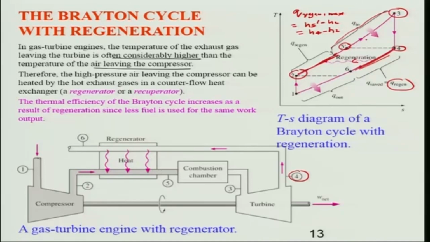So this would be the case for ideal case where there is no losses and so forth, okay, and thus your T5 is going to be T4. But for the actual case, your Q regeneration is nothing but your H5 minus H2, and the ratio of this Q regeneration to the Q regeneration maximum is what we call effectiveness, okay.